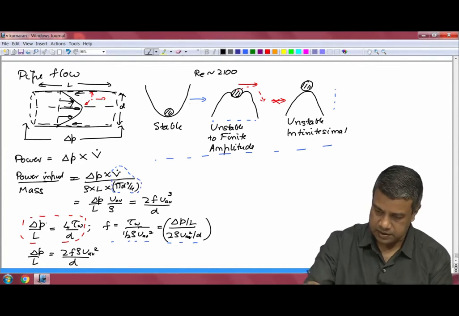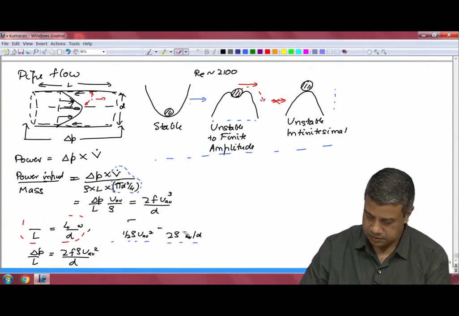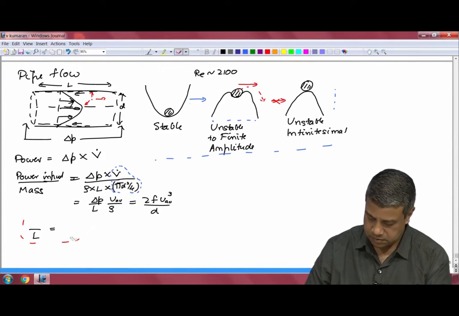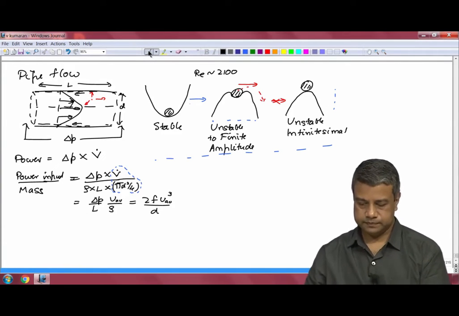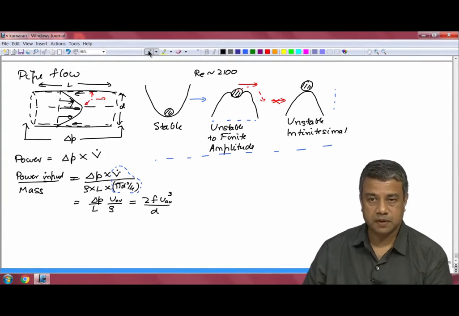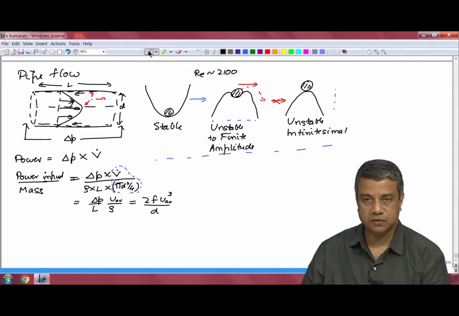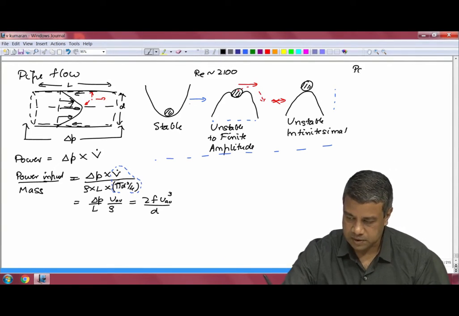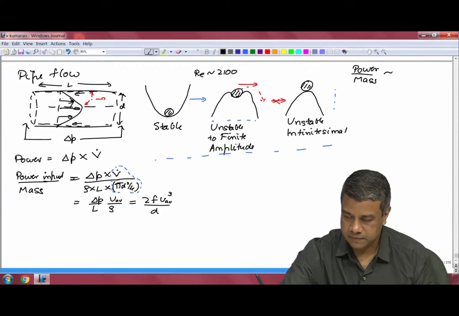Okay, so, let me remove these calculations. Therefore, the power input per unit mass increases proportional to V average cubed by D. As I told you, this power per mass has dimensions of length square by T cubed.